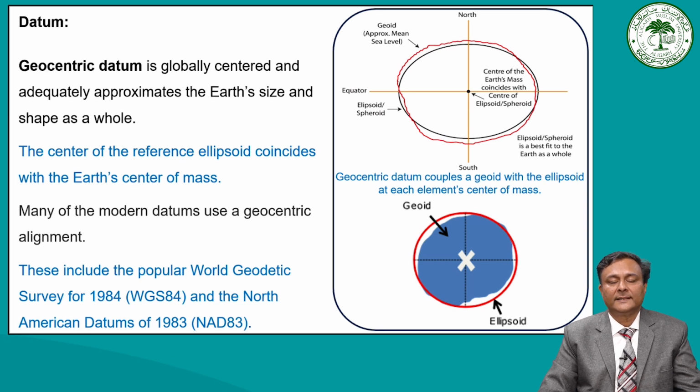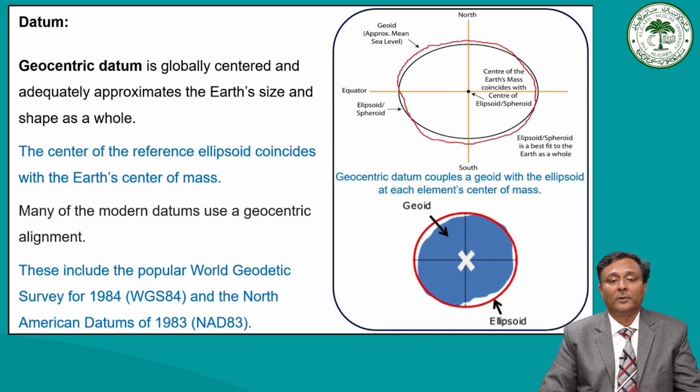You can see this in this diagram also. The center of the reference ellipsoid coincides with the Earth's center of mass. In the top diagram, it is very clearly being positioned and displayed. Many of the modern datums use this geocentric alignment.